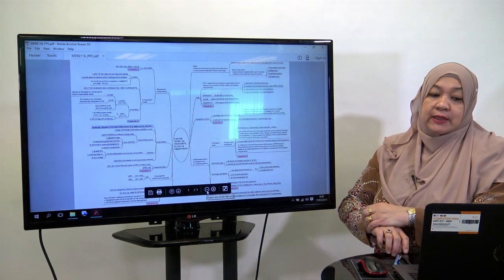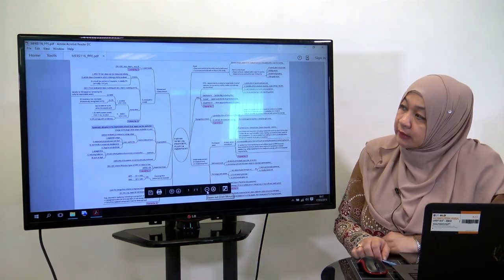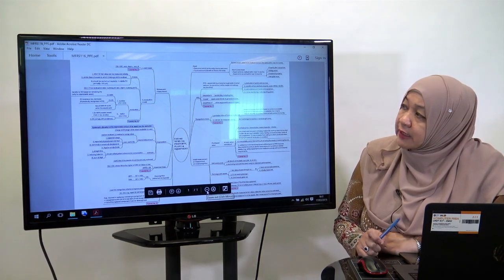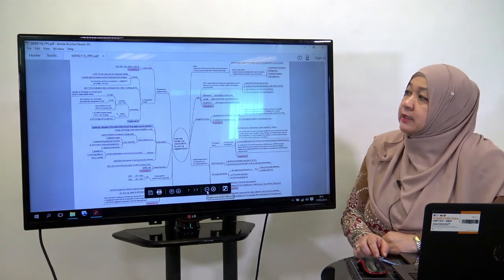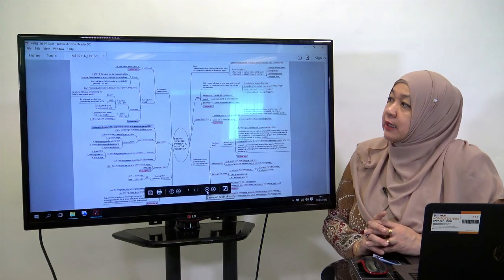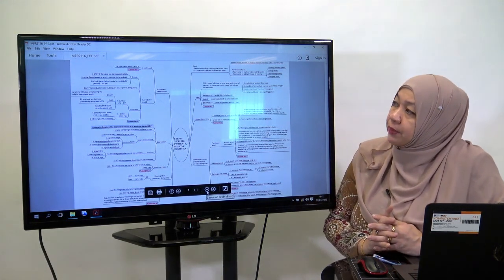Alright, so once you have understood what it means by asset, then you need to know the definition of PPE. And we can recall that PPE is an asset that is used by businesses to generate income and to carry out its operation.